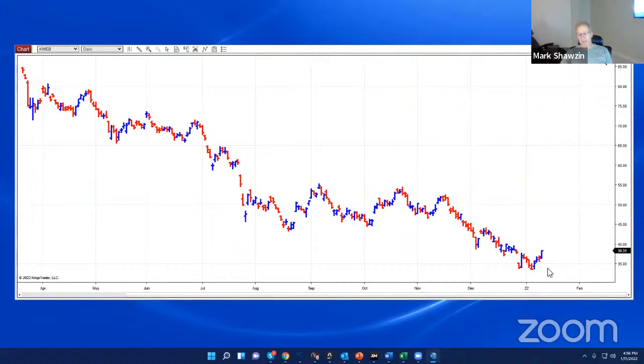Where I see this as a bottom, that to me says that's my risk. If it goes below 34 bucks, all bets are off. I'm wrong, I'm out, I'm gone. But so what? I risked $3 to test this thing out, and I think I'm right. So we'll see how that goes.